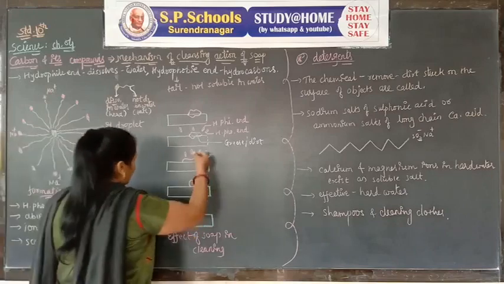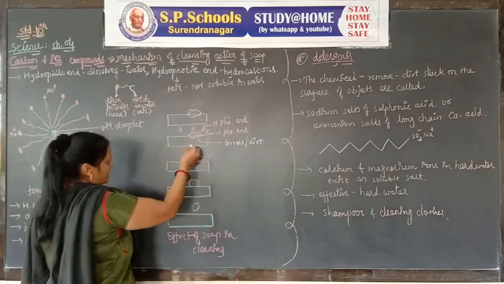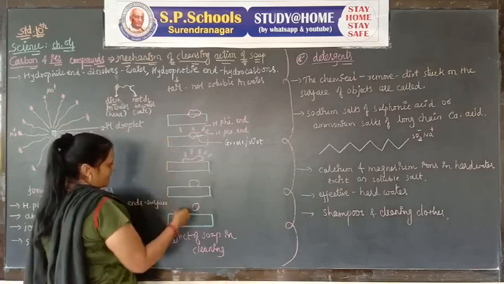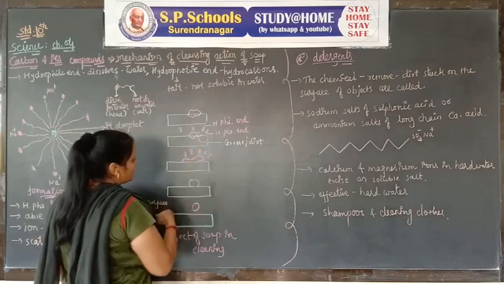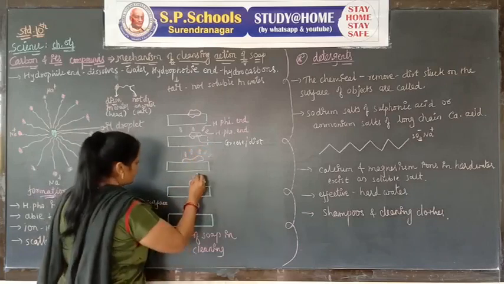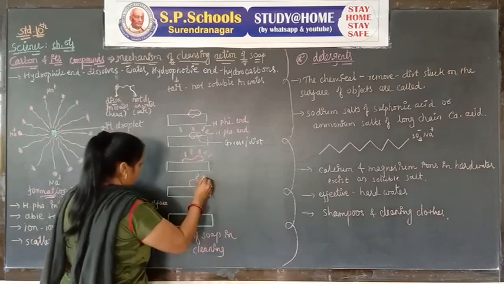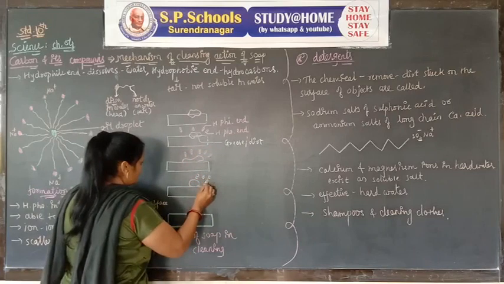So when we apply the soap on the cloth, the formation of two parts occurs and the micelles can be shown.